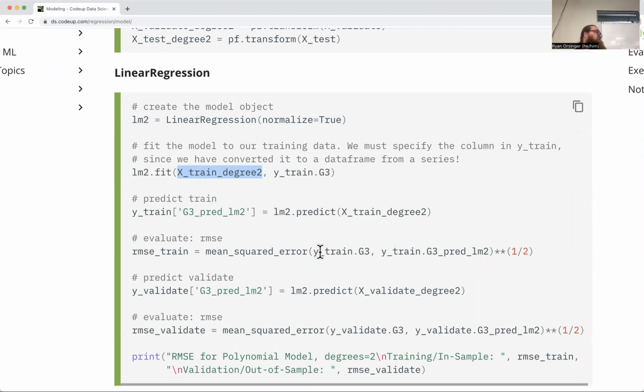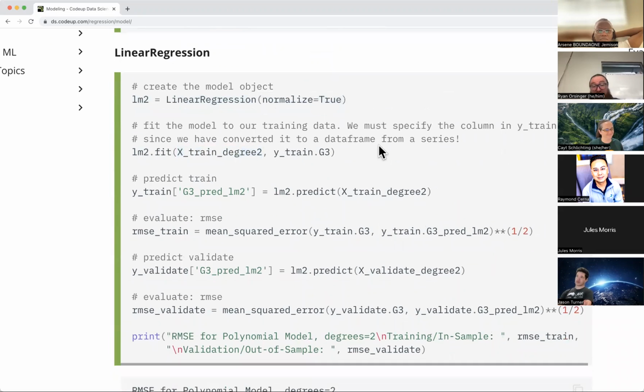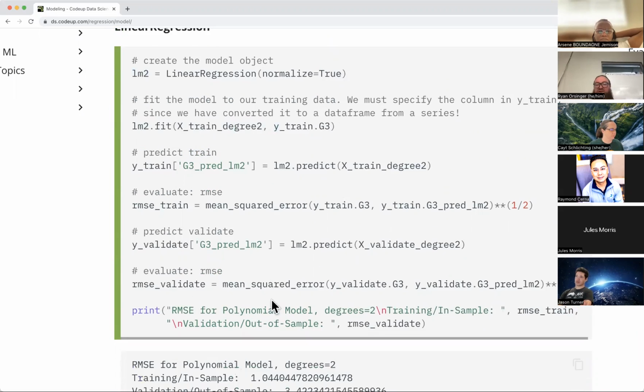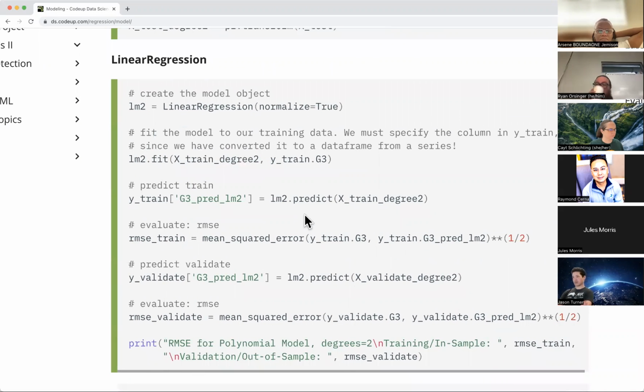It's a little more like scaling because we're transforming our features. We're polynomializing our features. I don't think that's a word. And then everything else is the same. Once you have your linear model, you train it on the transformed features, make predictions, and then calculate your error. And I see a question from Arsene. Go ahead, Arsene.